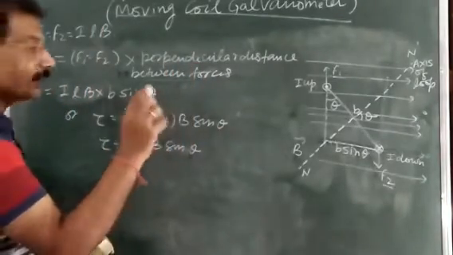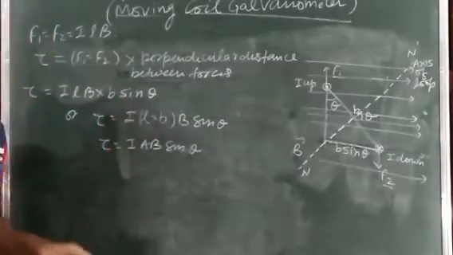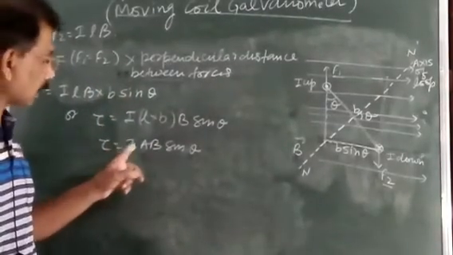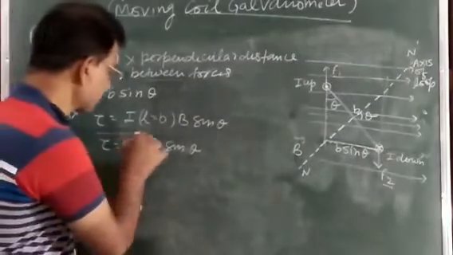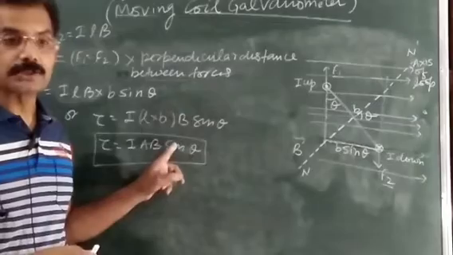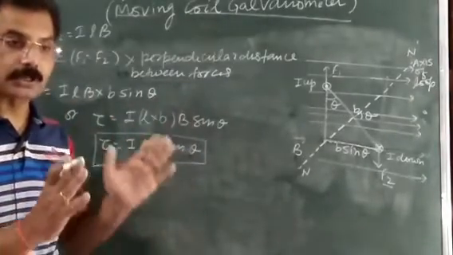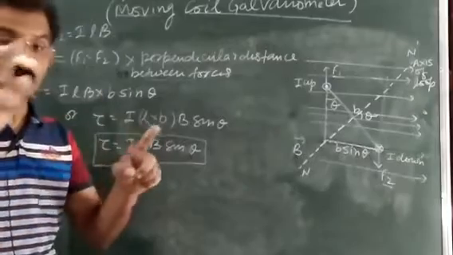If n is the number of loops, then for n loops, the torque is tau equal to n IAB sine theta. Remember this. This formula is true for any shape of the loop here. It is not necessary that the loop is always rectangular in form.